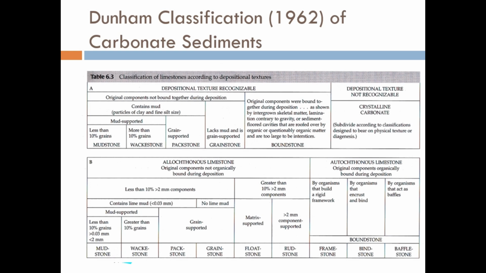But in A, we have the simplified Dunham classification, and then there is a field also for the boundstone that we talked about. And the problem is that you see here, depositional texture is recognizable. Well, why would it no longer be recognizable? Well, that is when it is exposed to recrystallization.